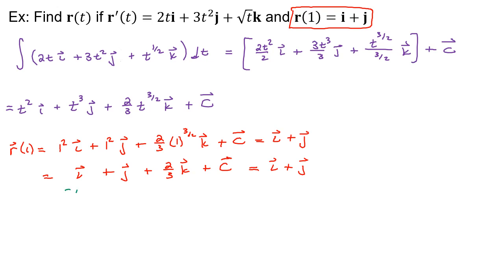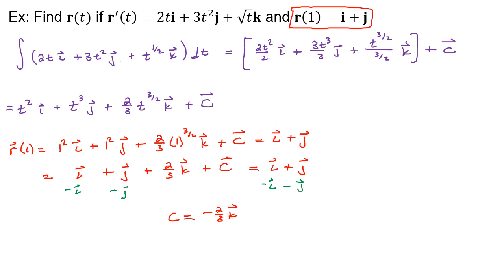If I were to subtract the i from both sides, they end up canceling. And if I subtract the j from both sides, I accidentally wrote an i there, but I meant to put a j. If you subtract the j from both sides, they will also end up canceling. Remember, you're solving for the c here. If you subtract the 2/3 k over, though, you'll get that c is negative 2/3 k.